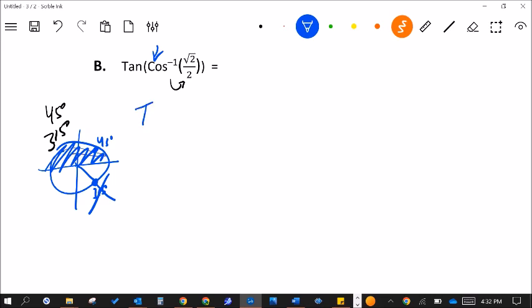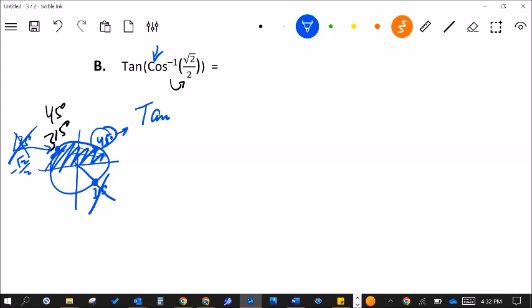So that means what we now have is the tangent of 45 degrees, because square root of 2/2 is the x value at 45 degrees. Over here, it's a negative. At this point, 135, it can't be that because it's a negative root 2 over 2.